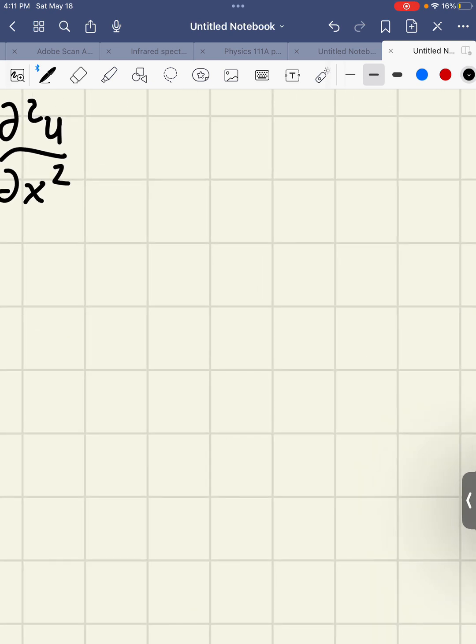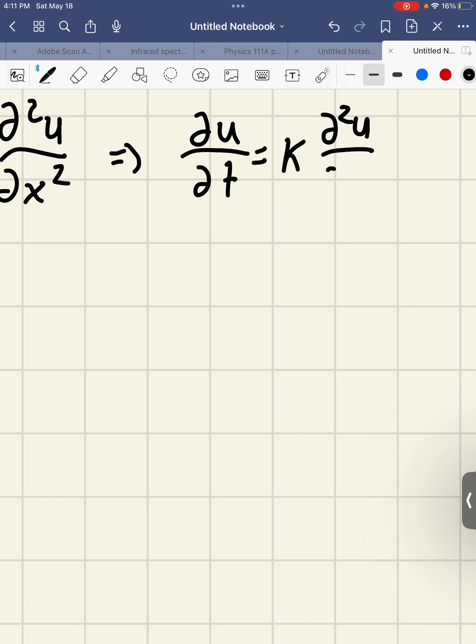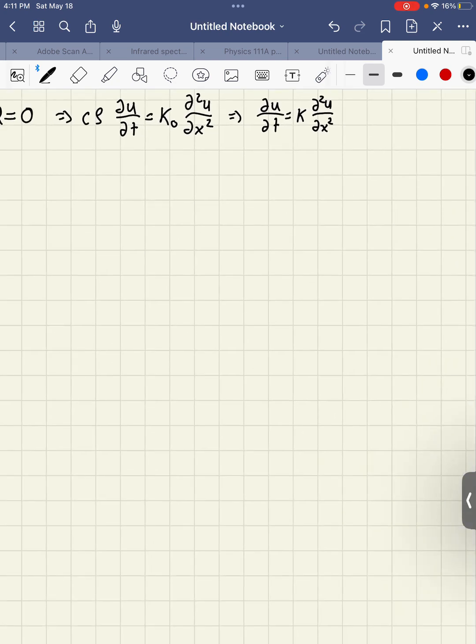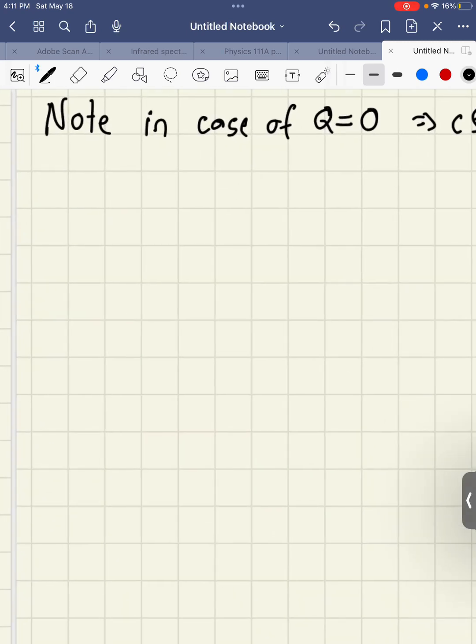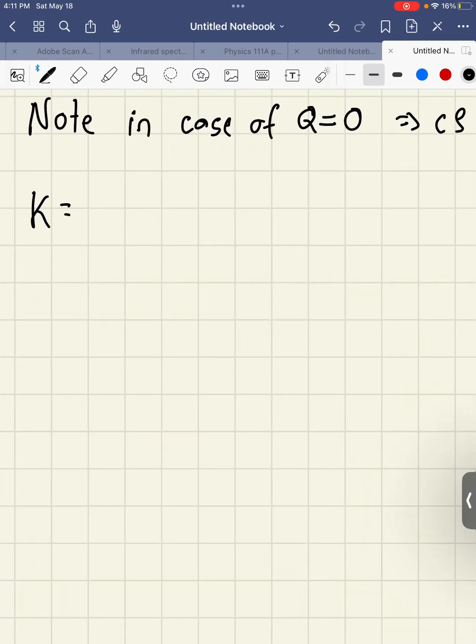Now I can rewrite this as partial u partial t is equal to k times second partial u partial x squared. So this k is equal to k naught over the specific heat times the mass density. This is defined as thermal diffusivity.